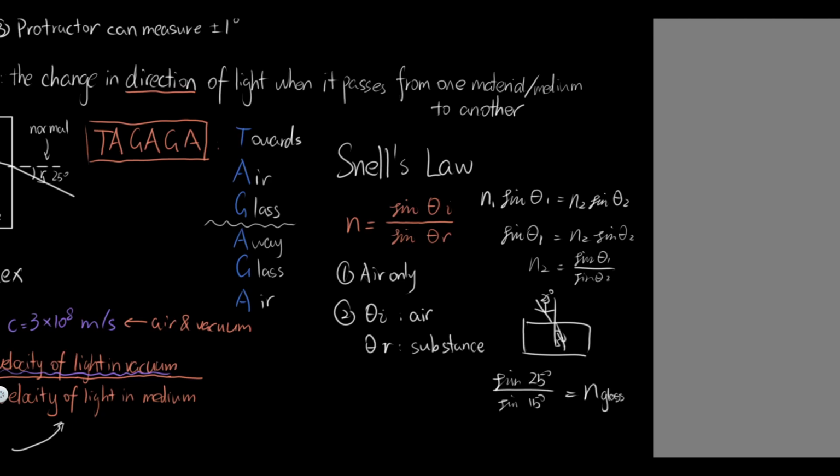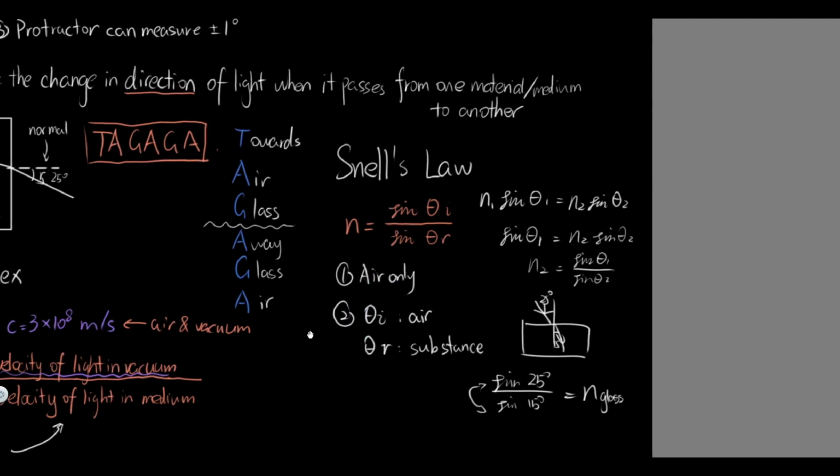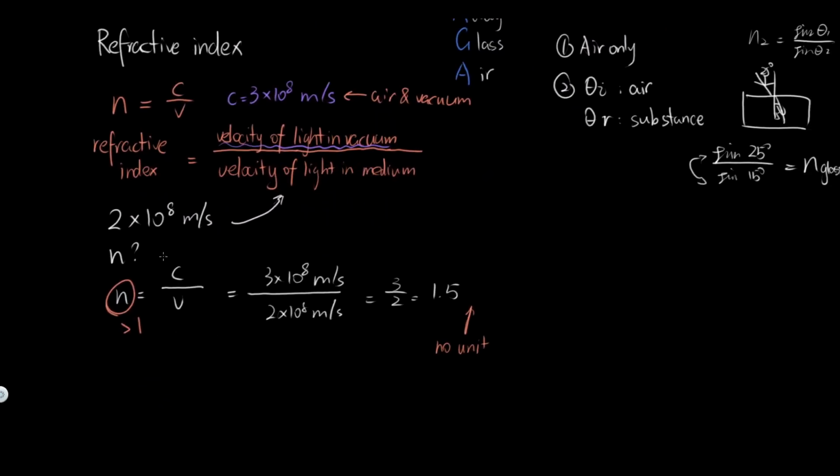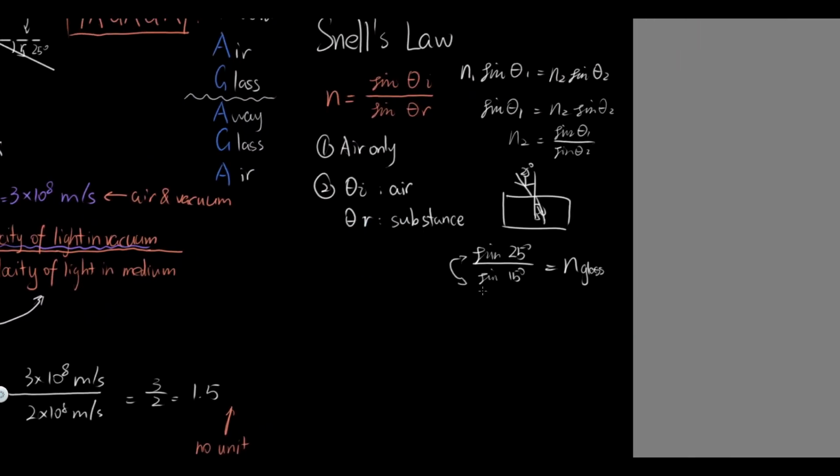To find the refractive index, you cannot flip it the other way around, because otherwise that's going to give you an incorrect result. You can actually tell if you did it wrong, because n is going to be larger than 1, and if you flip this around, n is definitely not going to be larger than 1. So bear that in mind when you're doing problems.